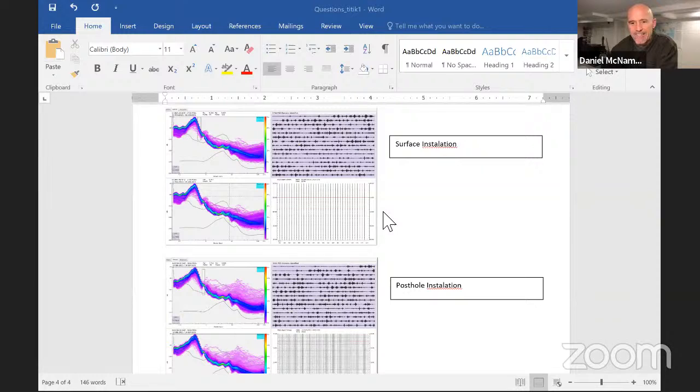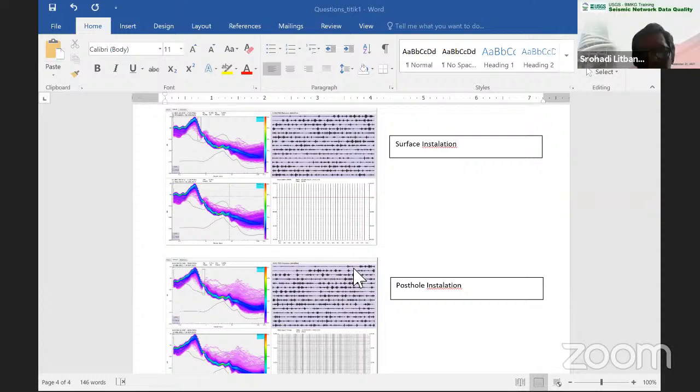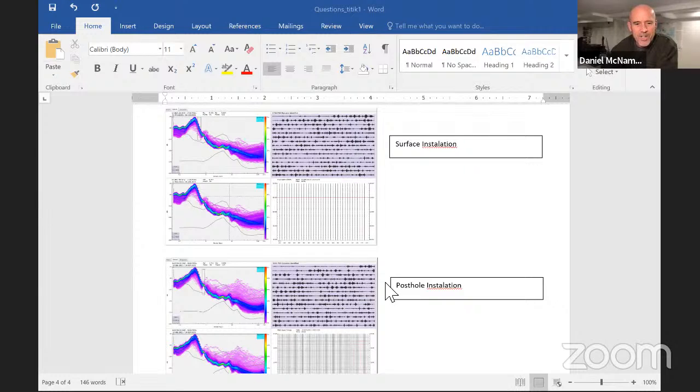Yes, and it might also be because of a bad cable connector, Mbak Titi. And the seismic signal is also bad, I think.